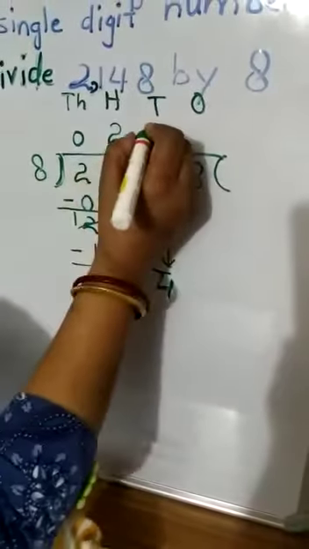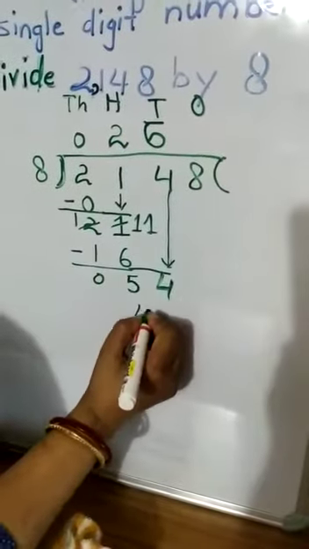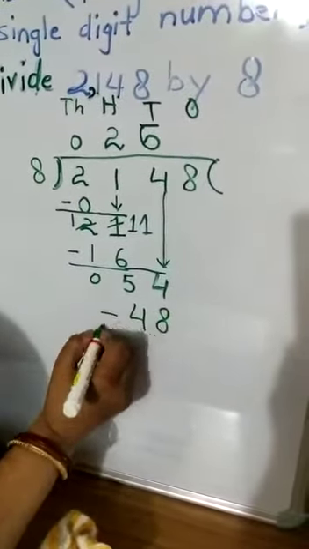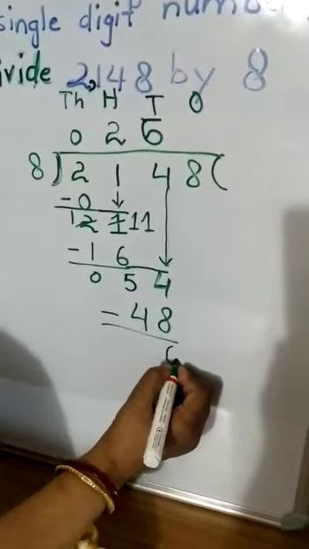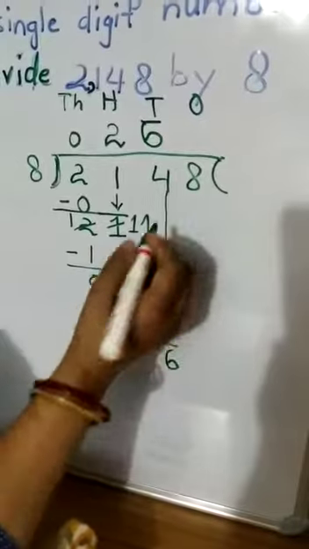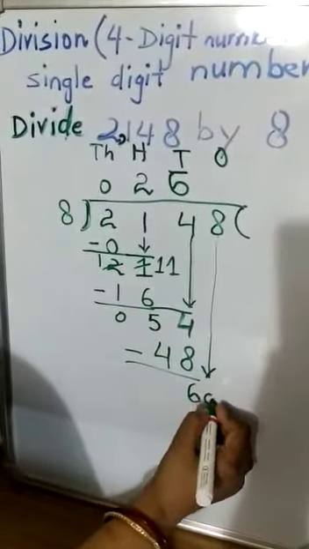So I will take 8 sixes are 48. Now I will subtract 54 minus 48. It is 6.